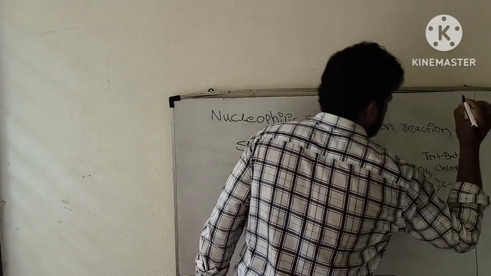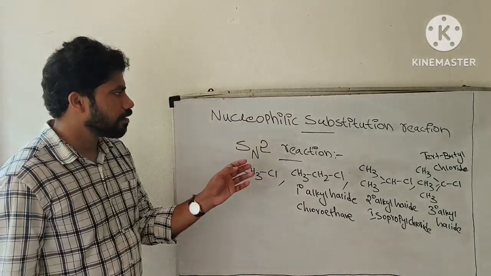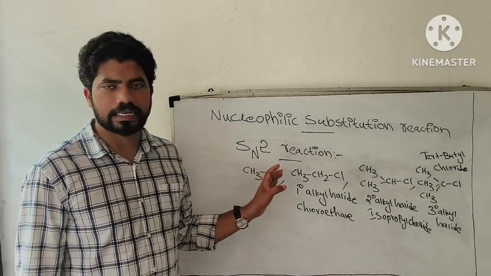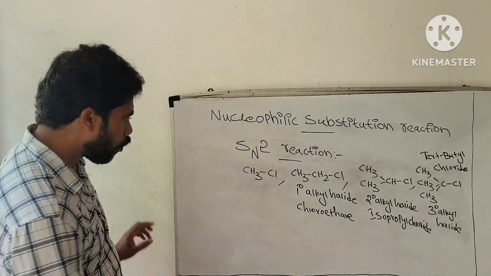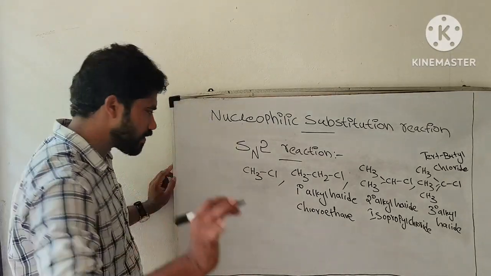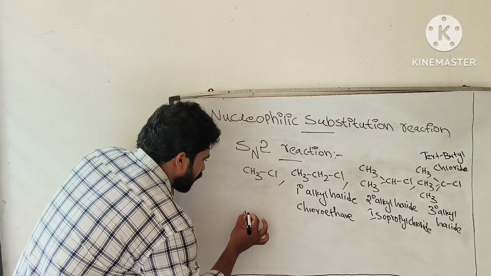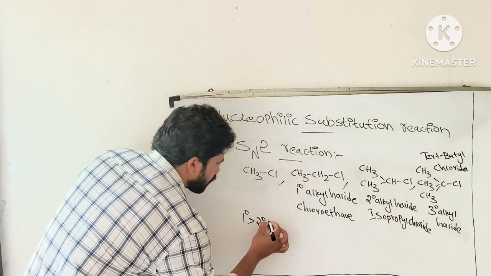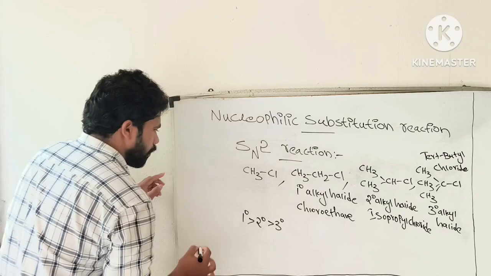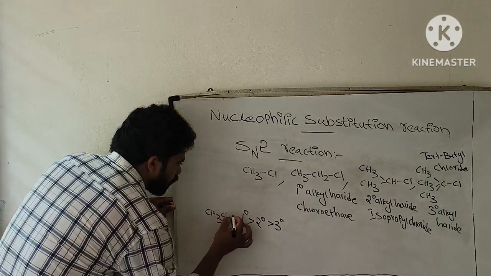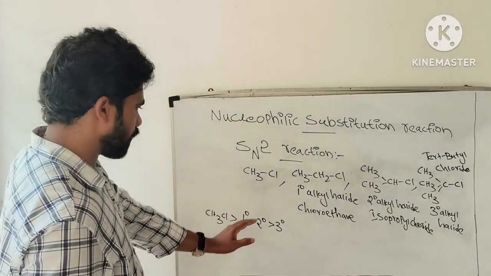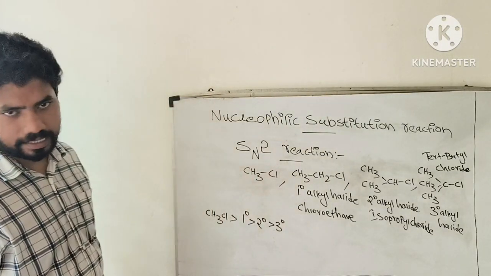And now I discuss with you the order of reactivity of alkyl halide towards SN2 reaction. It is very simple. The order is primary greater than secondary greater than tertiary, and you can put CH3Cl greater than primary greater than secondary greater than tertiary.